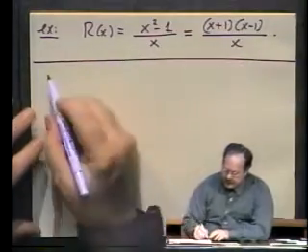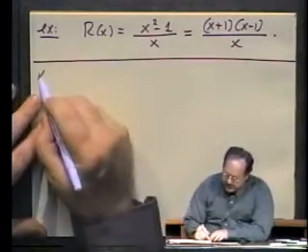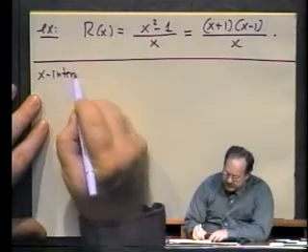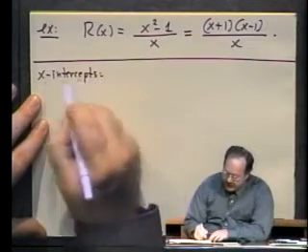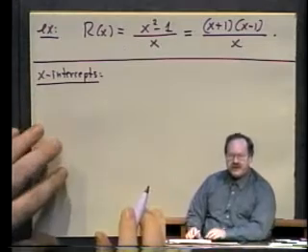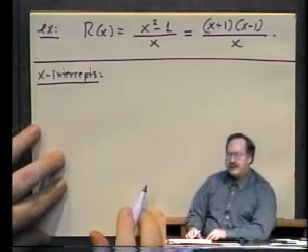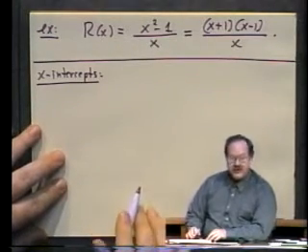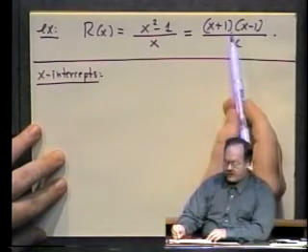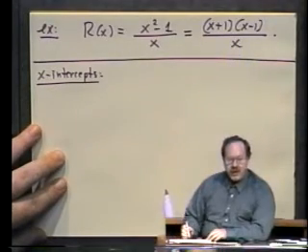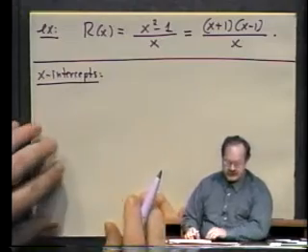Okay. Well, let's start writing down some of the facts we can get. X-intercepts will be the zeros of the top, because those will be the zeros of r of x. In this case, the top and the bottom have no common factors, so this is in lowest terms.